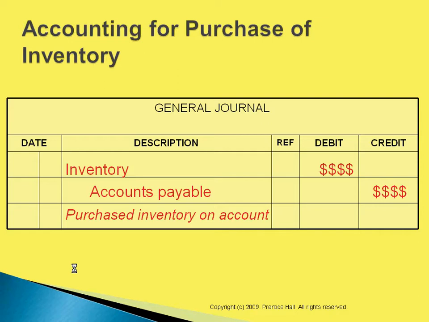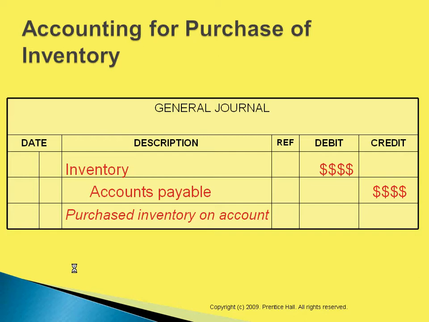Well, it's because the supplier of the inventory is offering us credit terms. If we purchase the inventory, they will not collect from us for 30 days. So that's an incentive for us to buy the supplier's inventory, because the supplier's offering us credit terms. That's why we credit accounts payable. We're promising to pay the supplier in the future for goods sold to us today.